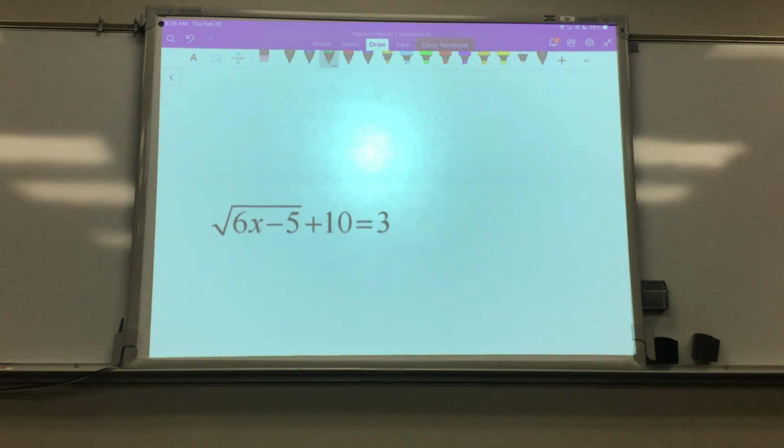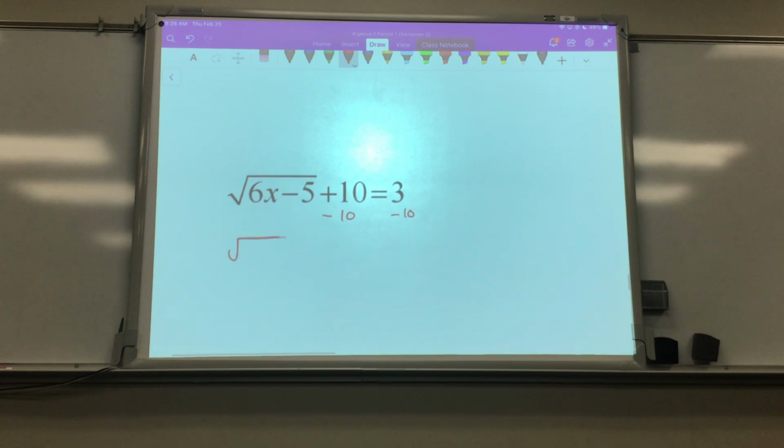Okay, isolate the radical, right? What's my first step to isolate that radical? Ethan? Minus 10. And I got square root of 6x minus 5 is equal to that negative 7.